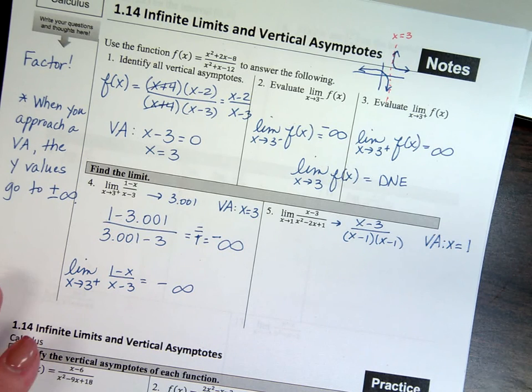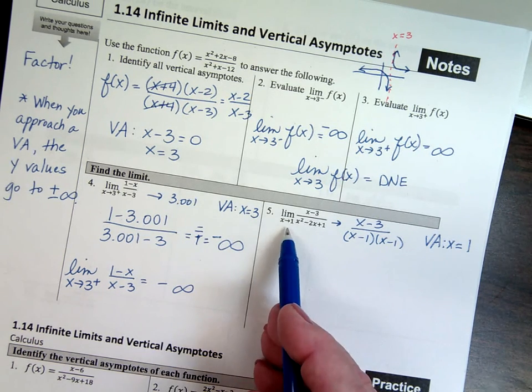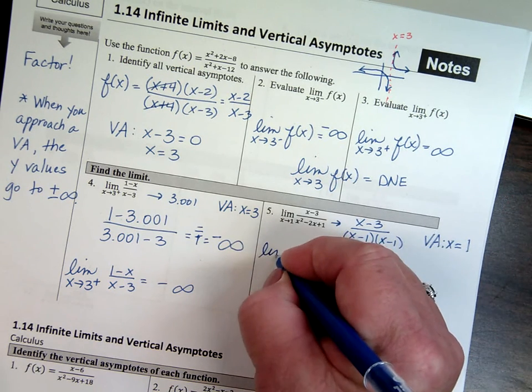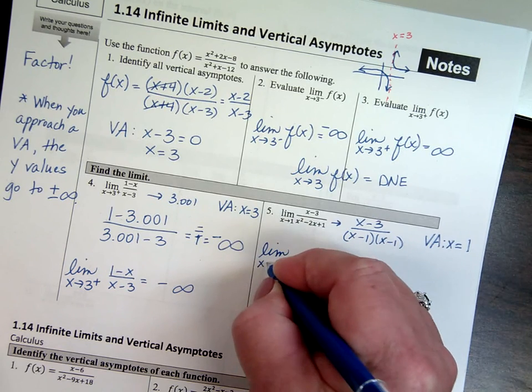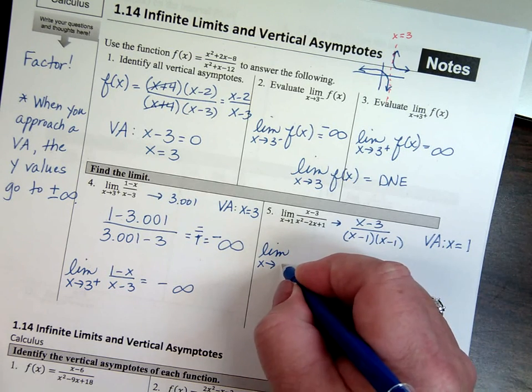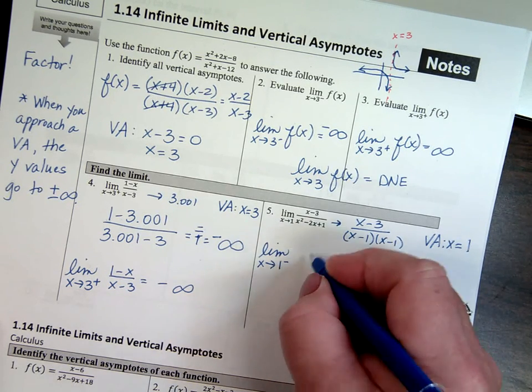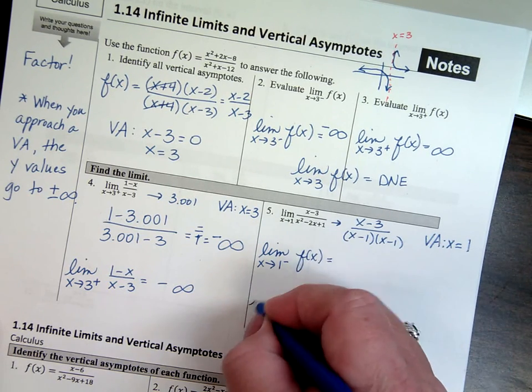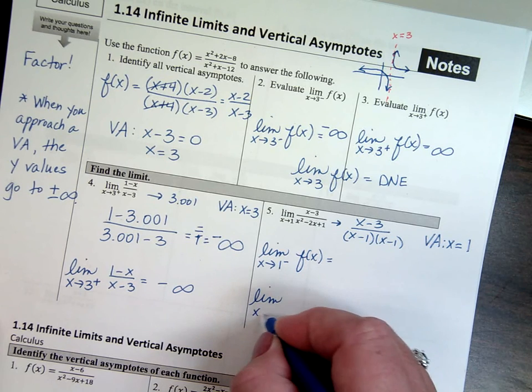And they want to know what's the limit as I come to 1. My answer is either positive infinity or negative infinity, because that's what happens around a vertical asymptote. So I need to figure out what it's doing to the left and to the right. The limit as x approaches 1 from the left of f of x, and the limit as I come at 1 from the right for my function.